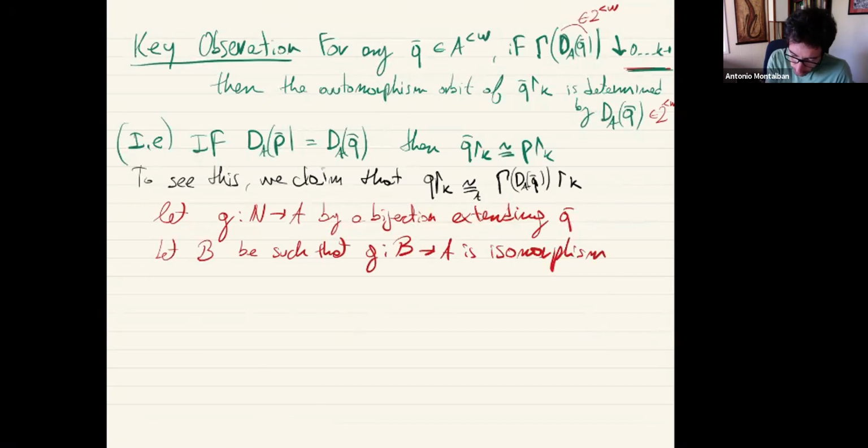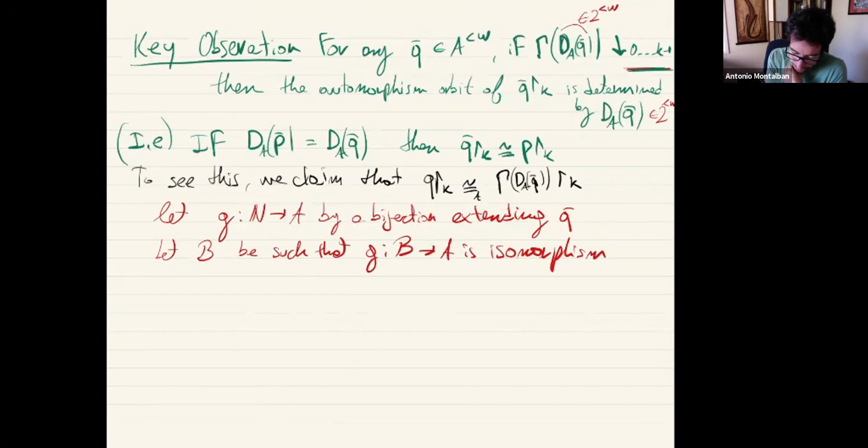All I'm doing is, we have a bijection between these two sets. Here we have a structure A. So just pull back all the relations from here through this bijection, and I look at the equivalent structure on this side, and we call that B. So B is a structure with domain N that, when you go through G, you get an isomorphism. B is called the pullback of A, but it's the obvious thing.